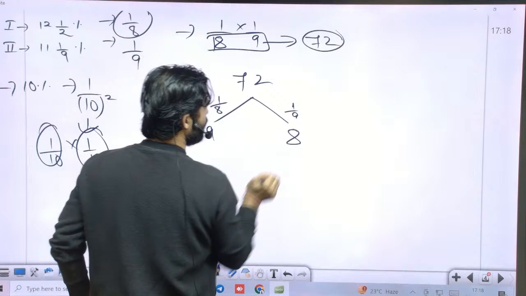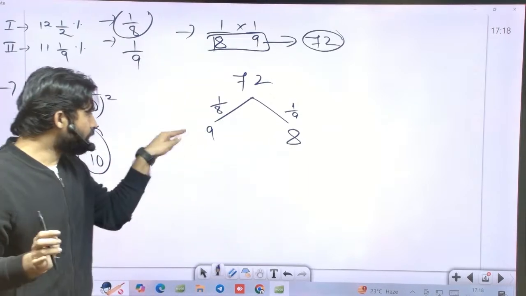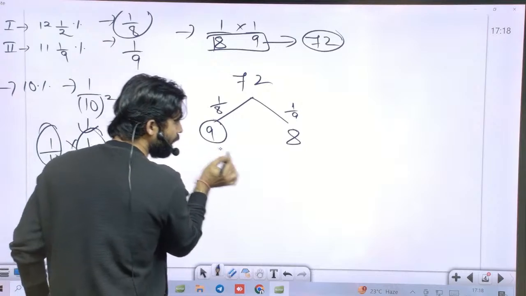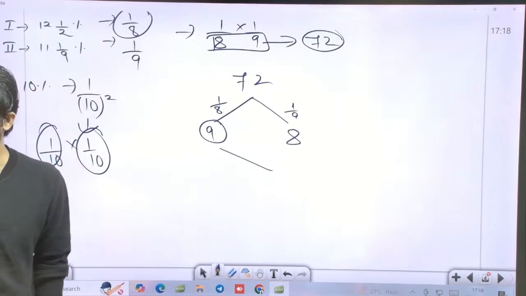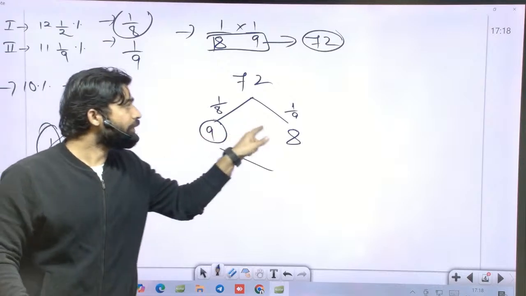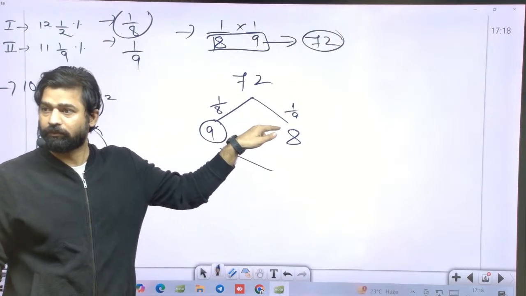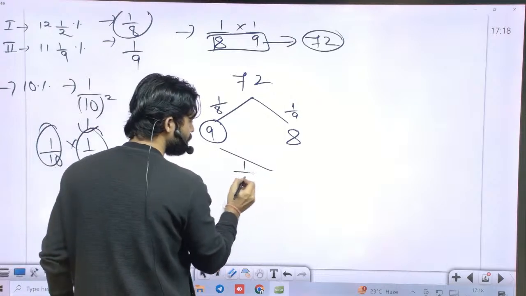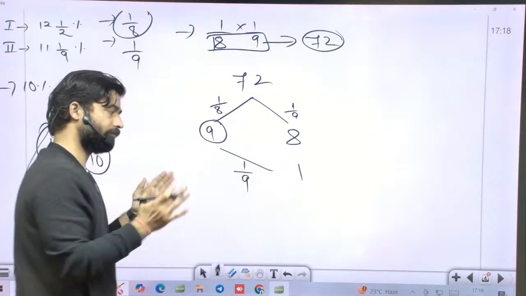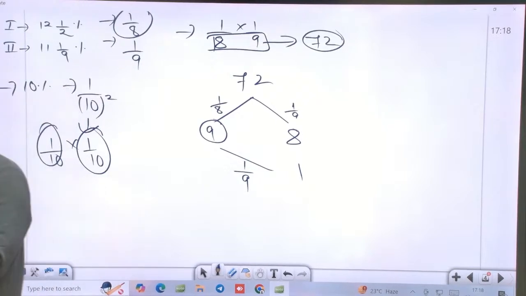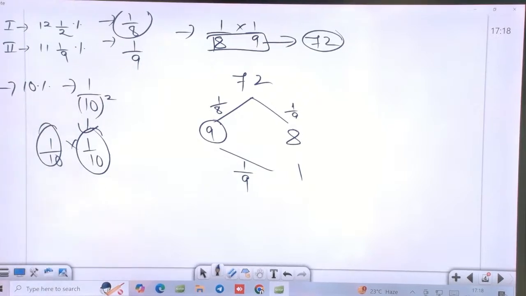Now this 9 will give us the interest at the end of the second year, and the rate of interest in the second year is 1 by 9, so this is 1. This is not complete. This is the tree only.